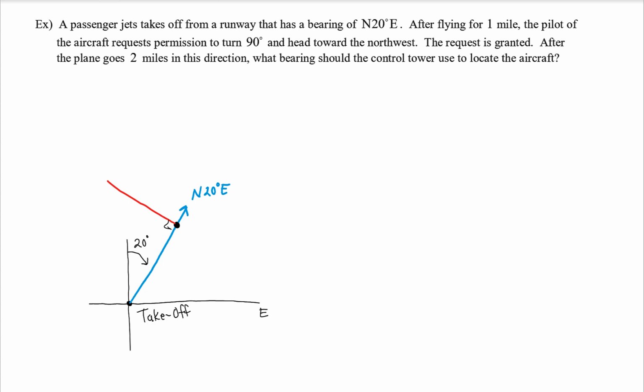So this is 90 degrees. We know that this distance is 1 mile. And then they do 2 miles in that direction. So basically, if that's 1, then this would be 2.